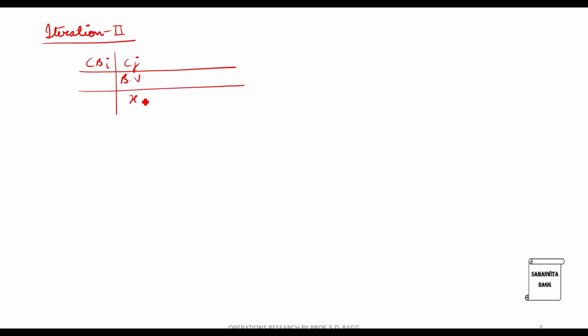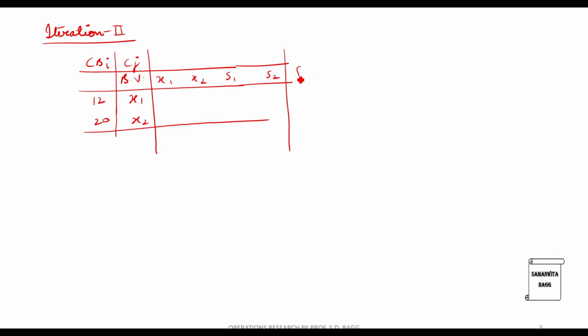Here I'll write down x1 and x2. The coefficient is 12 and 20 from the equation of z. Here I'll have x1, x2, s1, s2. No artificial variable. The reason is both have left the solution.